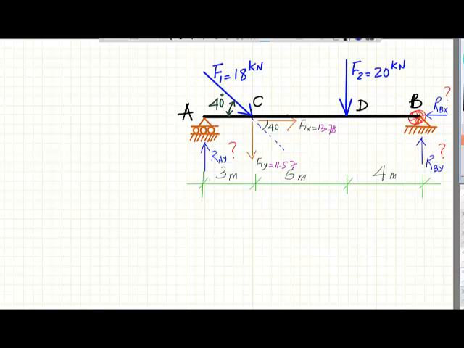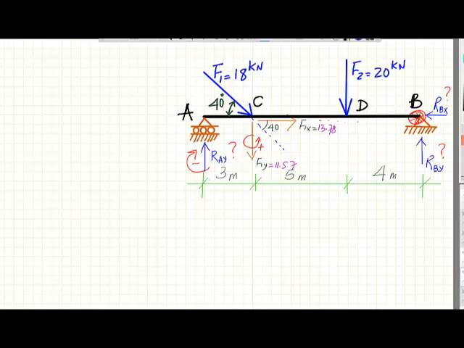The next step is to define the rotation direction. The rotation for RAY will be clockwise, which is negative, and the rotation for F1y is counterclockwise, which is positive. F1x passes through point B, so it makes no perpendicular distance.